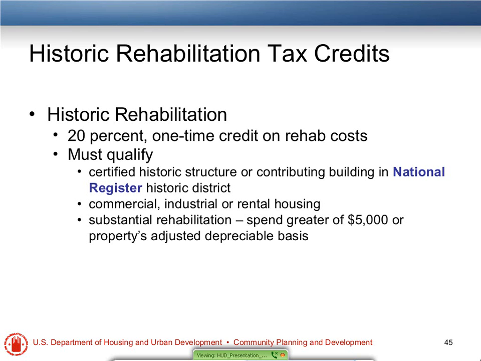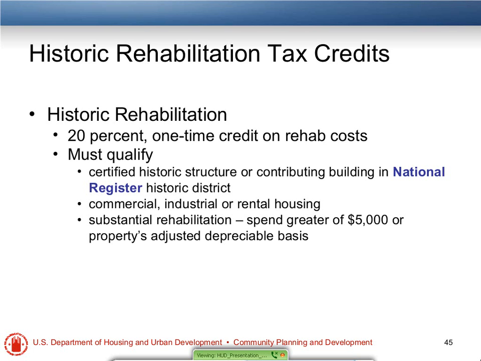For the credit to be accessed, the project has to reach what's called substantial rehabilitation, and that's pretty simple. Either they need to spend the greater of $5,000, a very low amount today, or $1 more than the property's adjusted depreciable basis.